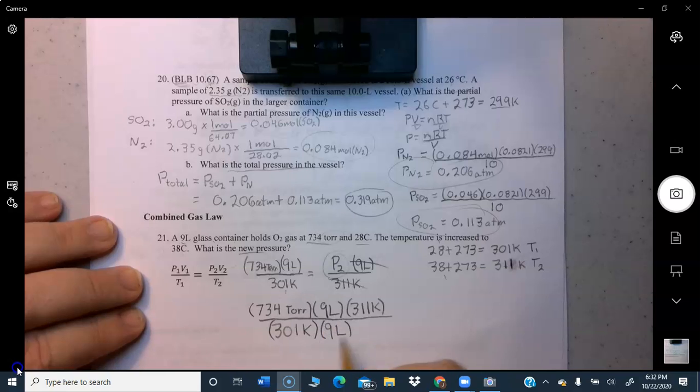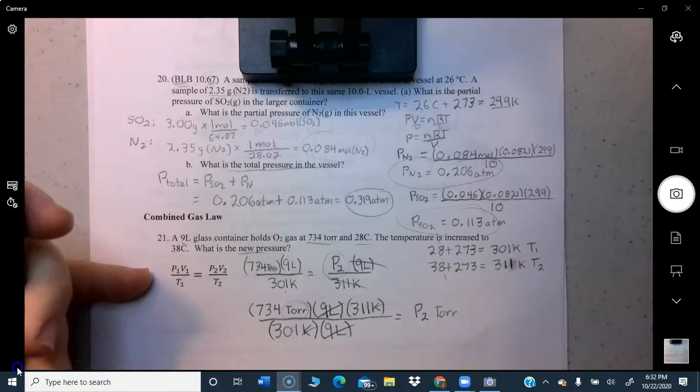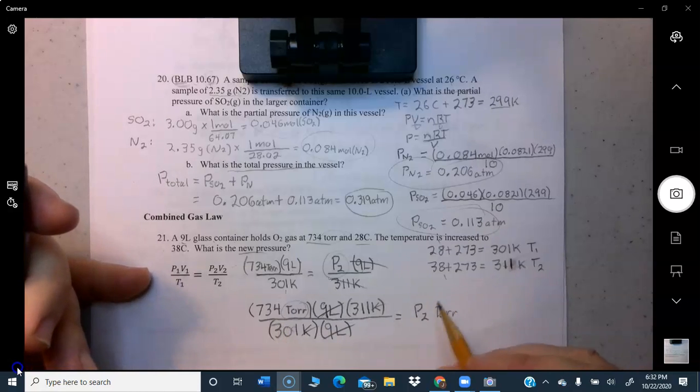And you notice that's going to cancel out because the volume didn't change, and that's going to give us P2. Okay, so 9 liters and 9 liters cancels out. Kelvin and Kelvin is going to cancel out when you divide these numbers, and all you have left is torr, which is what your final unit of measure is. So let's go ahead and do that, and it gives us 758 torr.